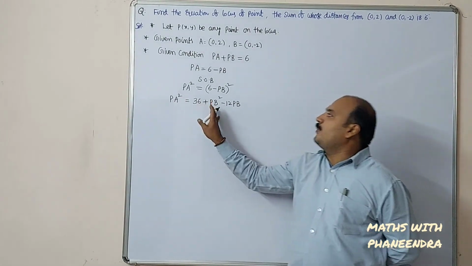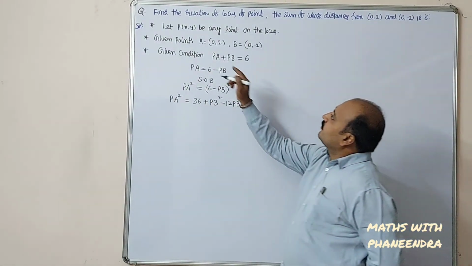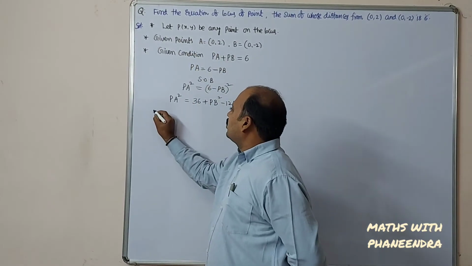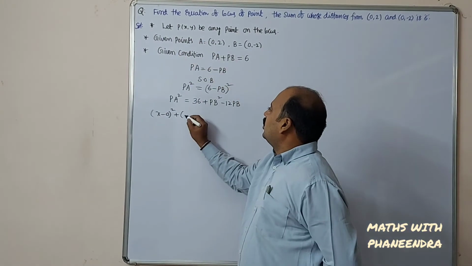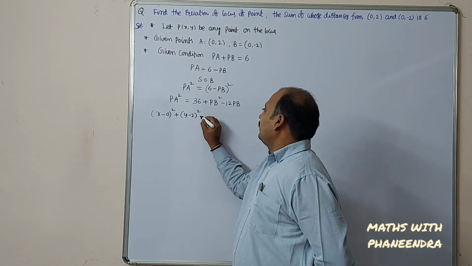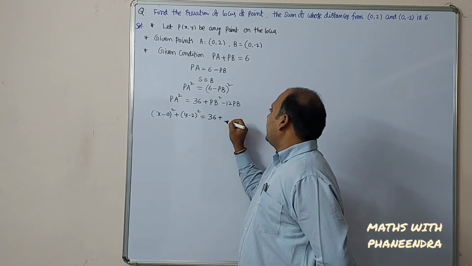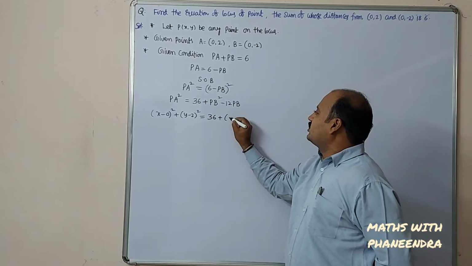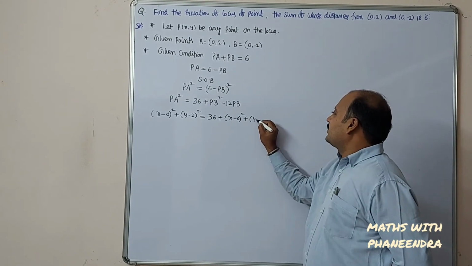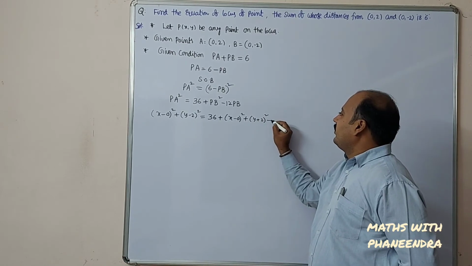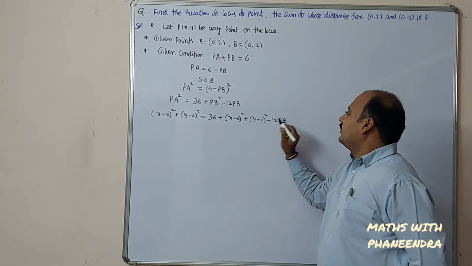Now PA square and PB square values you have to write. x minus 0 whole square plus y minus 2 whole square is equal to 36 plus PB square. x minus 0 whole square, y minus of minus 2, y plus 2 whole square, minus 12 PB.